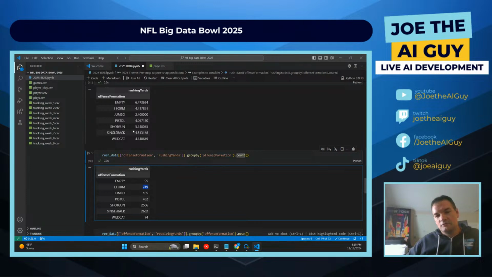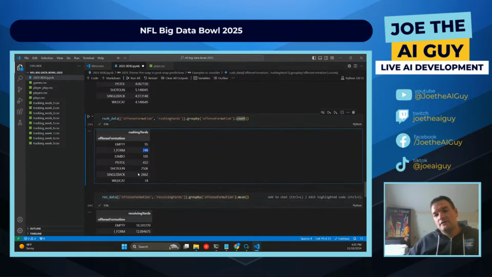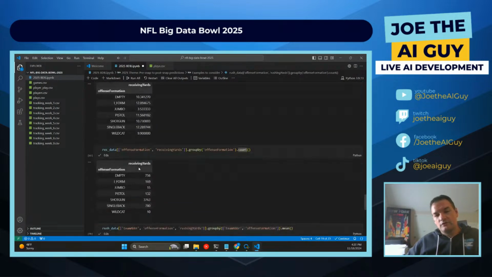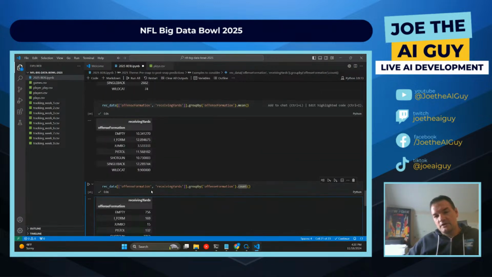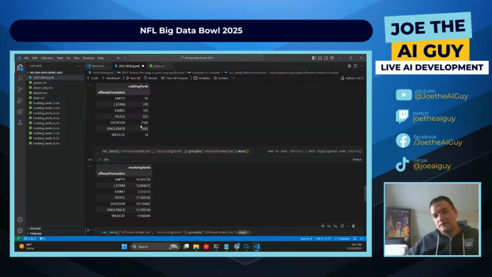And then the majority of what we saw here, as far as rushing goes, single back and shotgun far outweigh the other formations. But if you add in the receiving yards, you can see a bit of warp here on shotgun, where you're far more likely to be even in terms of your offense.